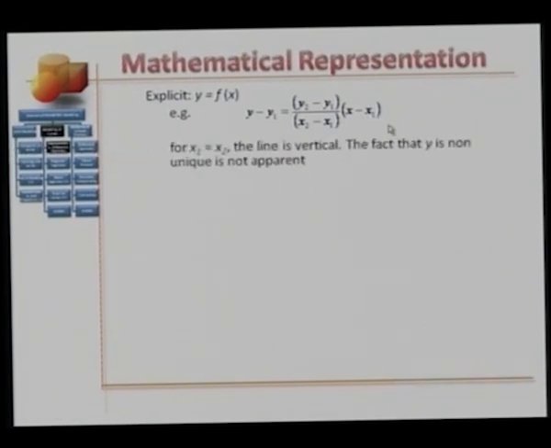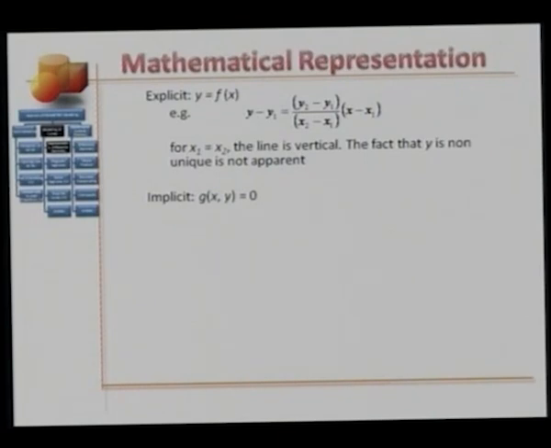Well, what happens when x1 equals x2? The line is vertical. The fact that y is non-unique for this vertical line is not very clear using this explicit representation. In fact, this explicit representation cannot handle the condition x1 equals x2.